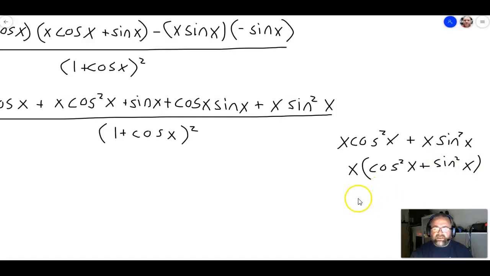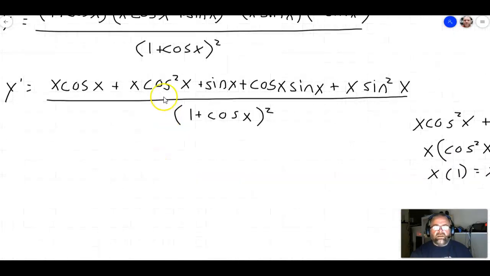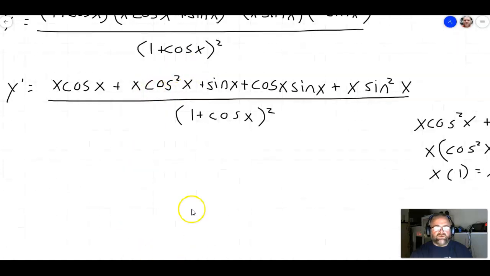And cosine squared of x plus sine squared of x is equal to 1. So that's x times 1, which is just equal to x. So this term and this term just become x.